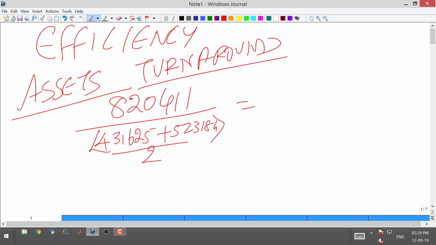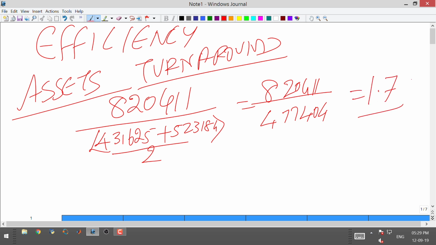The average in this particular case is 477,404, and the numerator is 820,411, so 820,411 divided by 477,404 is about 1.7 times.